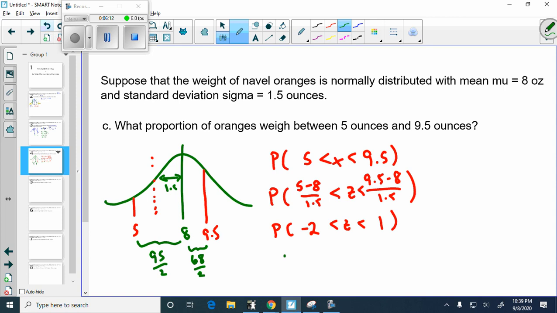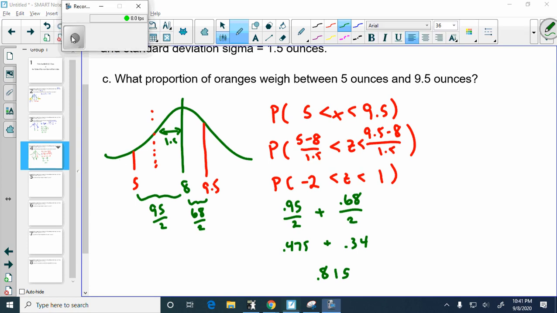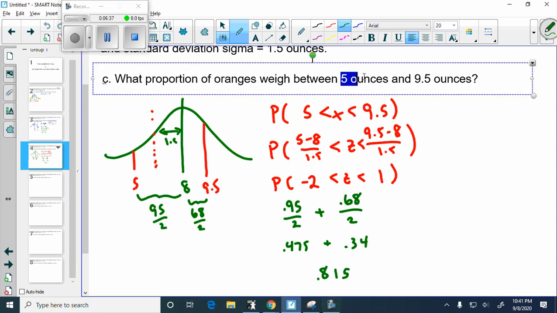So 95 divided by 2 plus 68 divided by 2: this is 47 and a half, this is 34. I can add those two together and get 81.5%. So again, this means 81.5% of oranges will be between those two values.